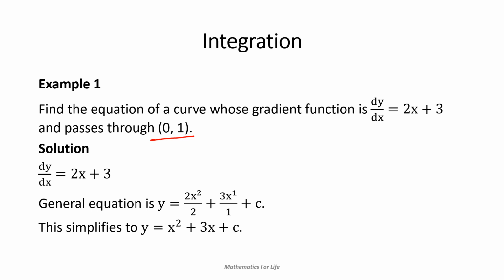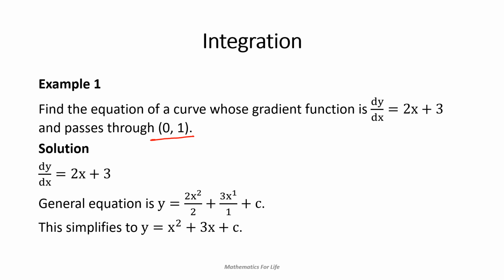Now, we will first need to find the general equation of our curve by integrating the gradient function 2x plus 3, and that is going to give us y equals 2x raised to power 2 divided by 2 plus 3x raised to power 1 divided by 1, and then we add our arbitrary constant c.